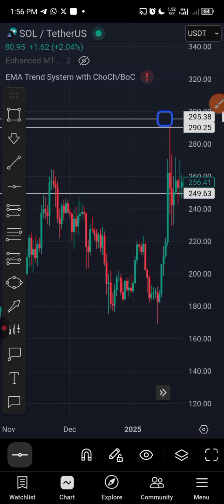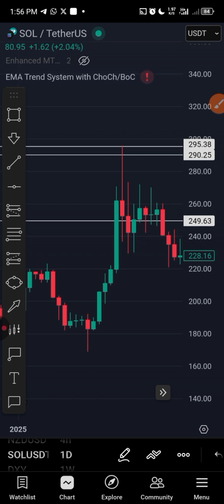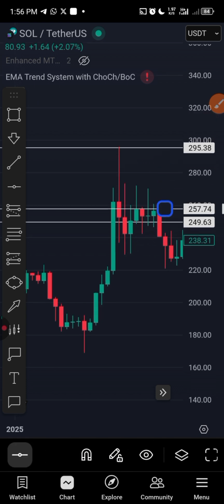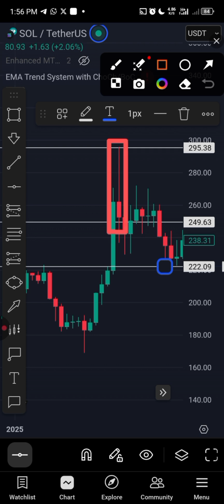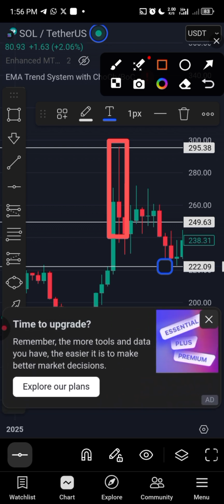Now, if you look at this one right here, this particular candle, let me just draw it like so. If you look at that candle right there, this is actually what we call a liquidity sweep candle. You get? Now, this kind of candle, some people can still call it a hammer, a hammer with a very long wick. You understand?